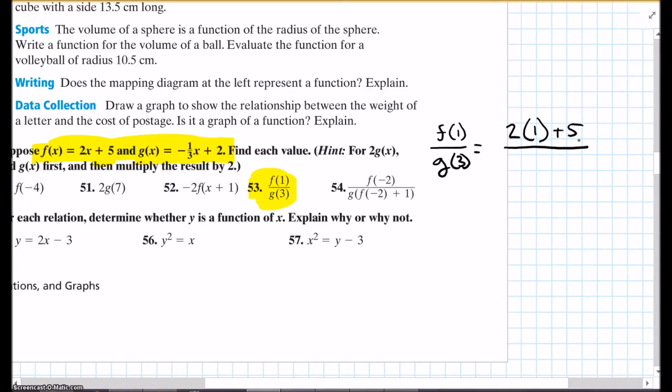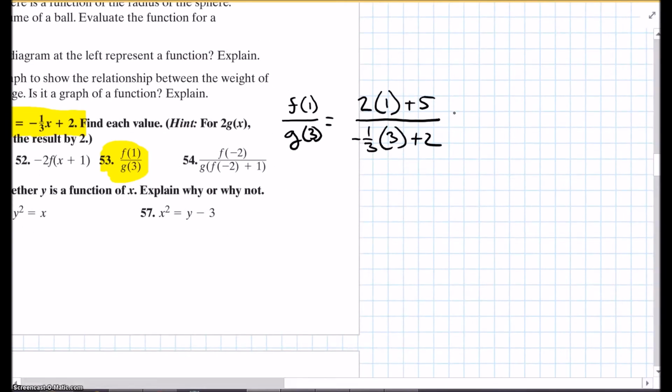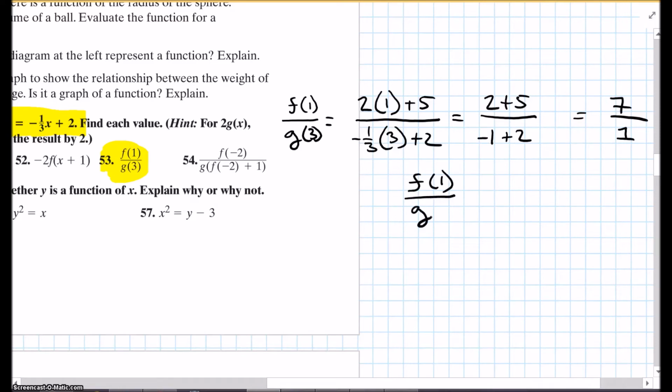G sub 3 would be negative 1/3 x, which would be 3, plus 2. So 2 times 1 is 2, so that would be 2 plus 5 up top, which would be 7. On the bottom, negative 1/3 times 3 is negative 1, so that'd be negative 1 plus 2, so that'd be 1. So f of 1 over g sub 3 would be 7.